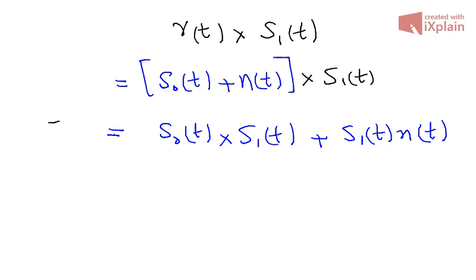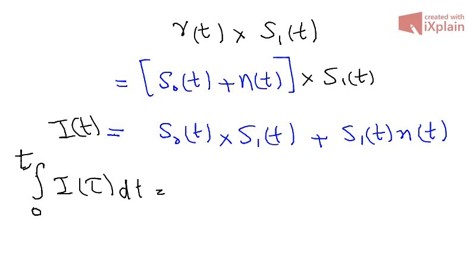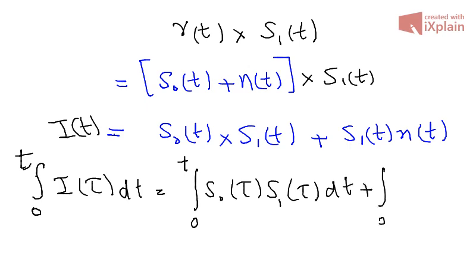So this product is input to the integrator. I would say this is my I of t. This is the input to the integrator, and the output of the integrator at any instant t can be expressed by this expression: 0 to t, I of tau d tau. On the right hand side we have 0 to t, S0 of tau, S1 of tau, d tau, plus 0 to t, S1 of tau, n of tau, d tau.